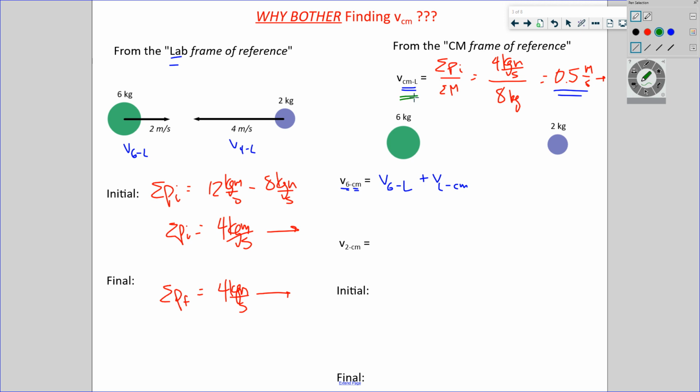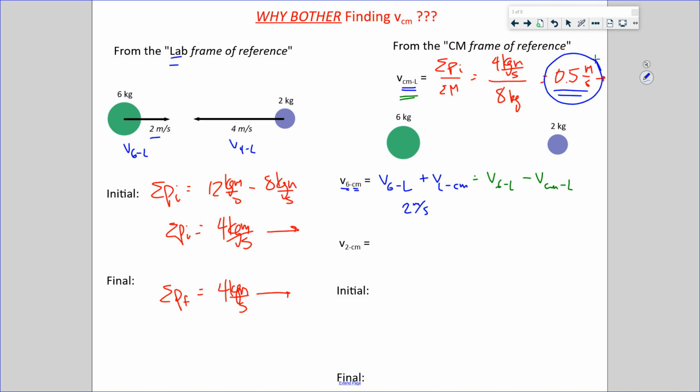So I can turn this into V6 relative to the lab minus V center of mass relative to the lab. V6 relative to the lab is positive 2 meters per second. V center of mass relative to the lab is 0.5 meters per second, and it's positive, so minus 0.5 meters per second. So this is 1.5 meters per second to the right.